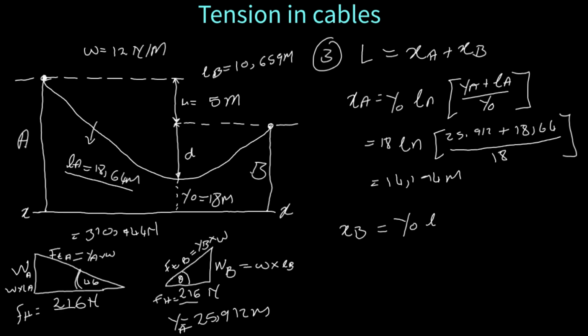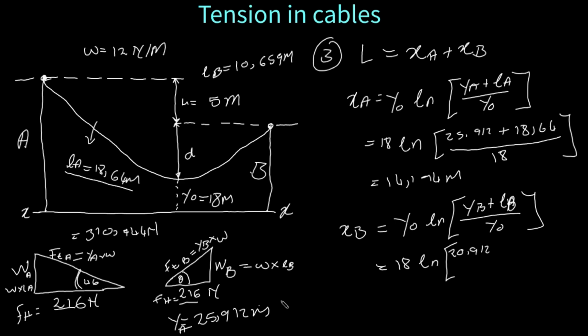YO ln YB plus LB divided by YO. What is this? It's 18 ln LB is this one, and it is 20.912.